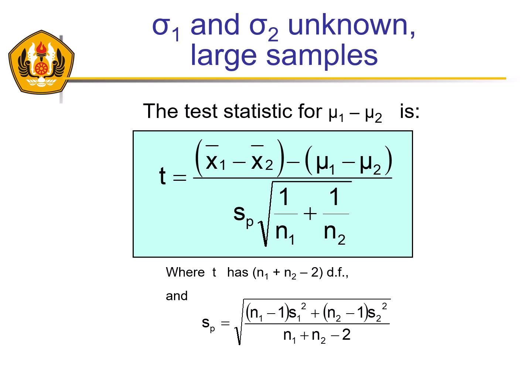The second assumption is when sigma 1 and sigma 2 are unknown, and this is for large samples. Then we will use the t statistic, which looks like this.